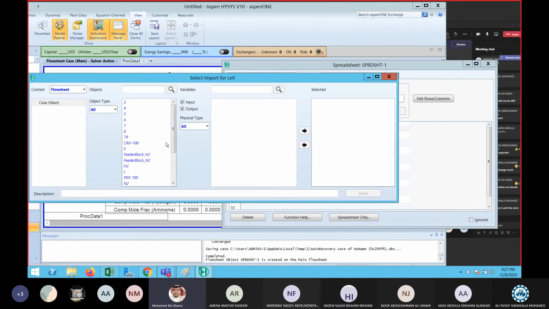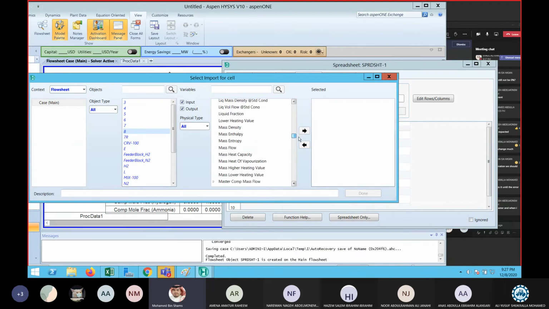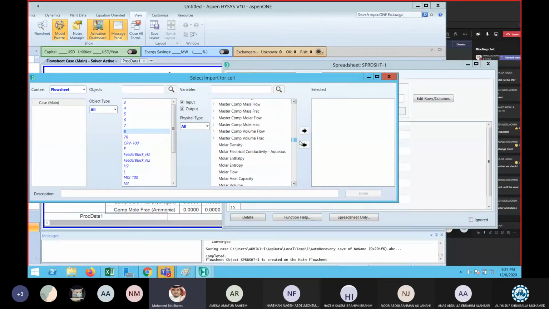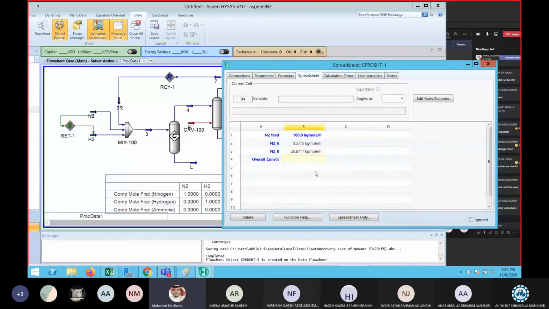Then I add stream number 8, master molar flow, nitrogen, and click done.